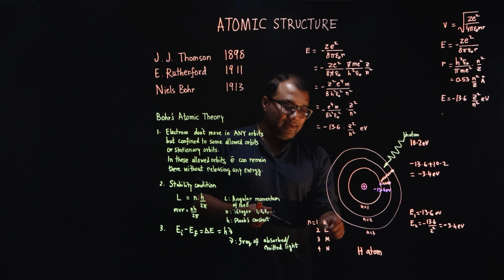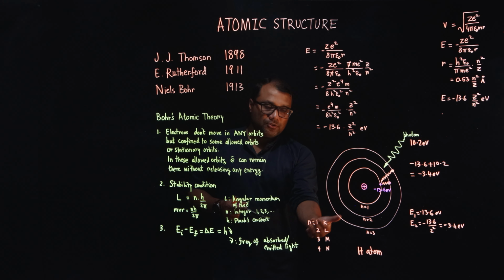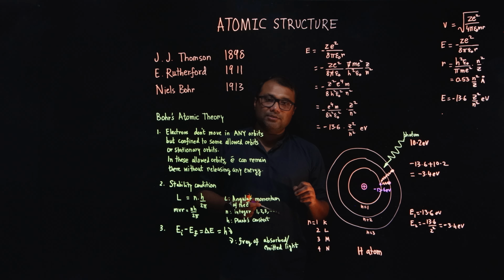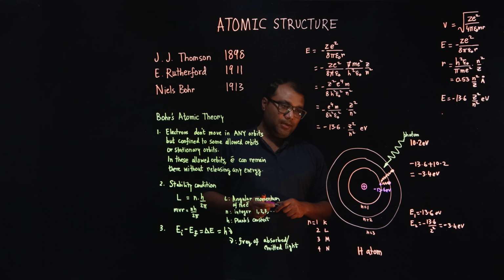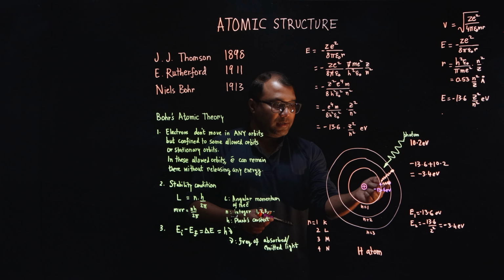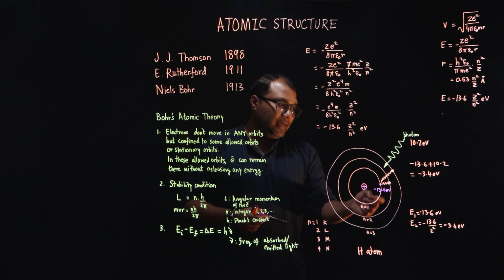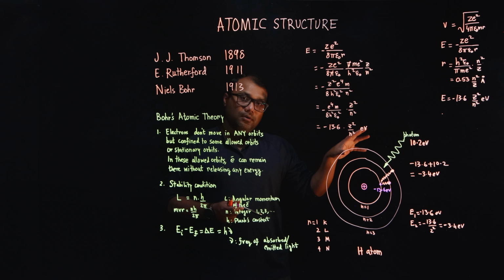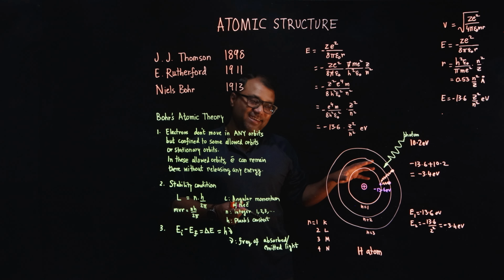When it jumps, it absorbs this photon. That's the reason in the light that comes out of this, that particular photon's wavelength is missing in the absorption spectra. Similarly, let's say the electron now cools down, it comes back to the ground state. Exactly 10.2 electron volt of photon energy will be released.